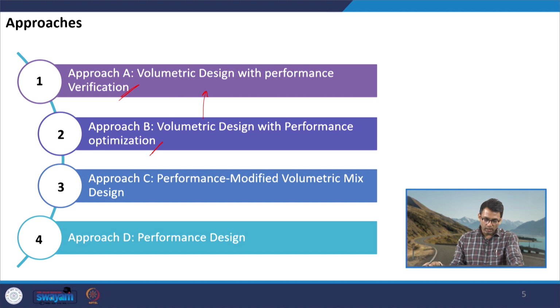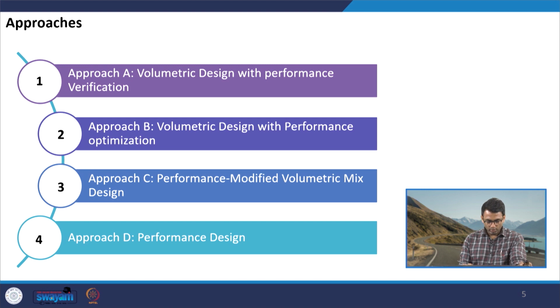We have approach C, which is performance modified volumetric mix design. Here we have a little more flexibility to change different attributes of the mix, so that we can produce a mix having some desirable performance. So, this is approach C. We will be discussing the steps.